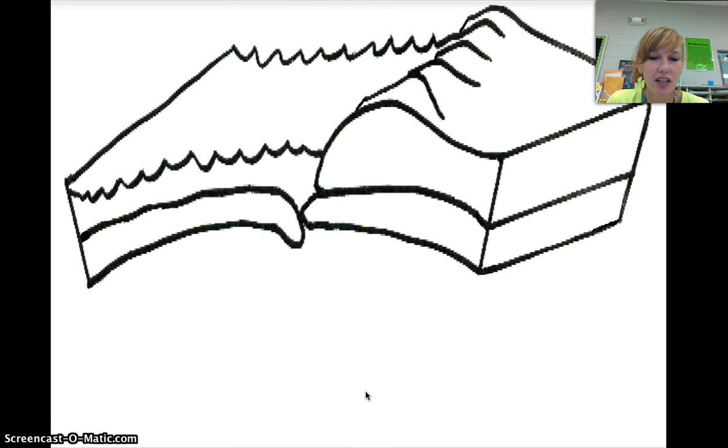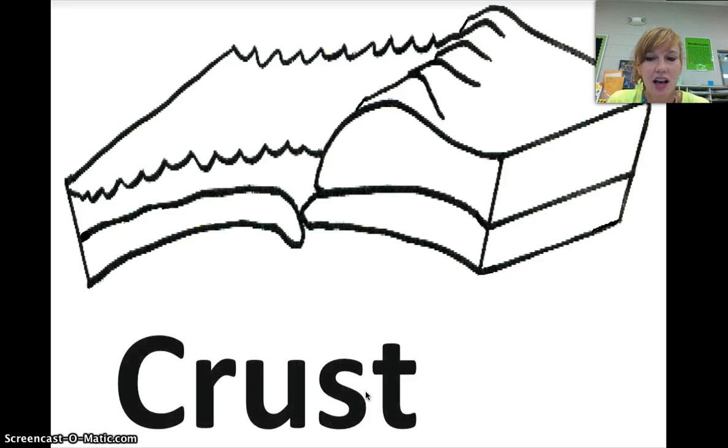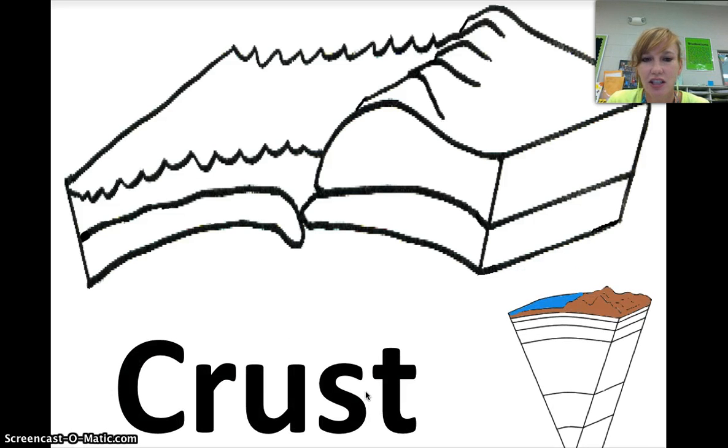So we're going to start with the very top, which is the crust. This should look exactly like your diagram, and here's where the crust is on the whole piece of pie from the earth here. So here we have the ocean. So this is water sitting on top of the crust, and then we have land sitting on top of the crust. And in this case, the land would be the layers of the soil.